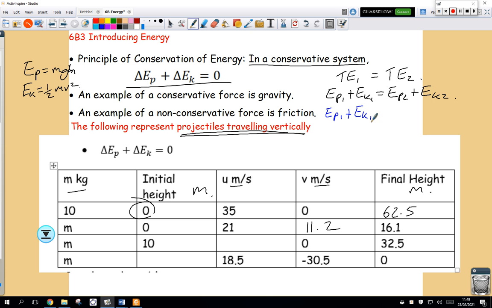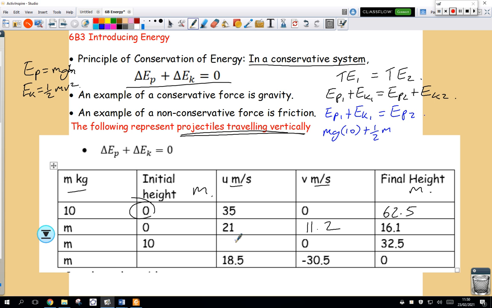Okay, position 1. And that's equal to, well, its speed is 0 here, so all of its energy at position 2 is going to be potential. There will be no kinetic energy. So again, it's just substituting in here. So potential energy, mg times its height here, which is 10, plus its kinetic energy, well, that's a half m times its velocity squared.